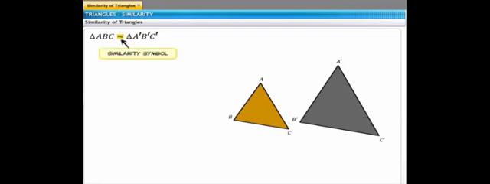Mathematically, similarity is represented as shown. Here, vertex A corresponds to vertex A', vertex B corresponds to vertex B', and vertex C corresponds to vertex C'.